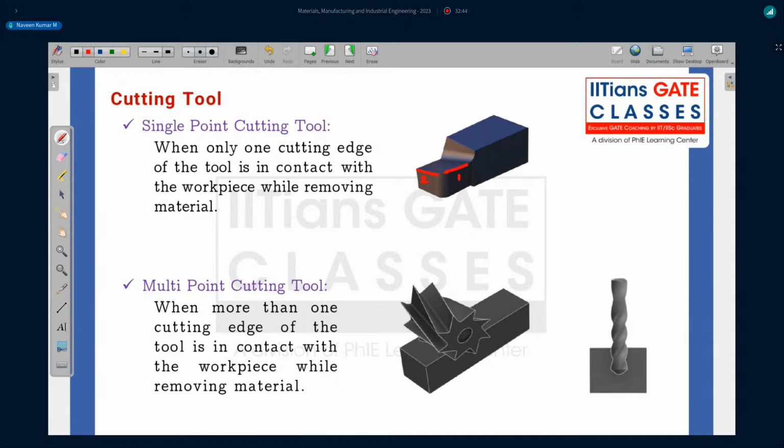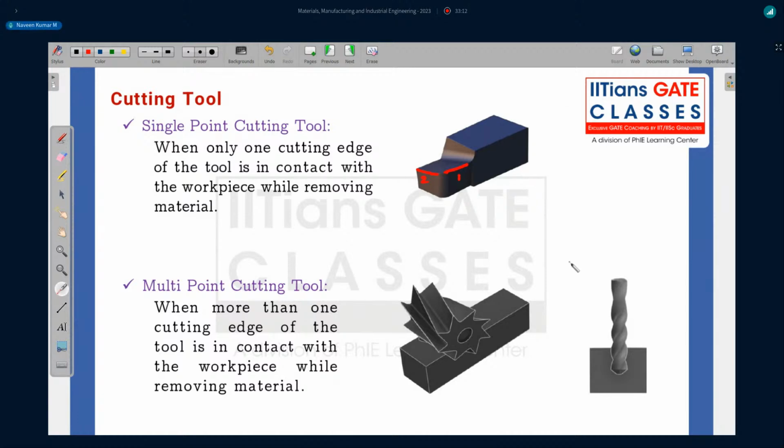We will discuss this in detail when we discuss the single point cutting tool separately. But speaking of single point cutting tools, especially this cutting edge will be in contact with the workpiece, and that's why this tool, used on a lathe for turning, is called a single point cutting tool.